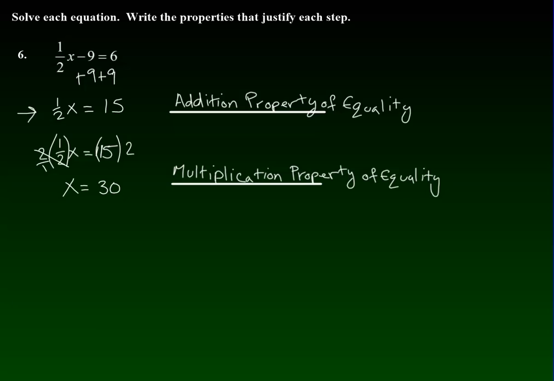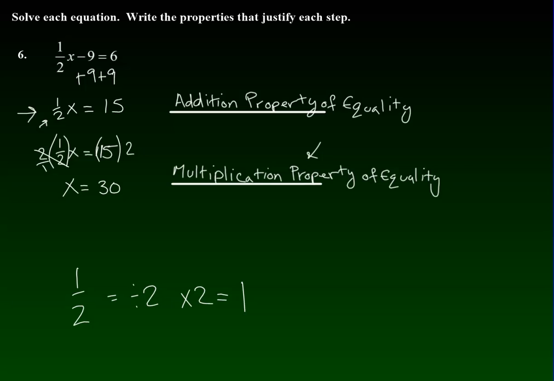Then we had to multiply to get rid of the 1/2, because 1/2 is the same as dividing by 2. So to get rid of division, we use multiplication. And so we multiply both sides by 2. And that's using the multiplication property of equality.